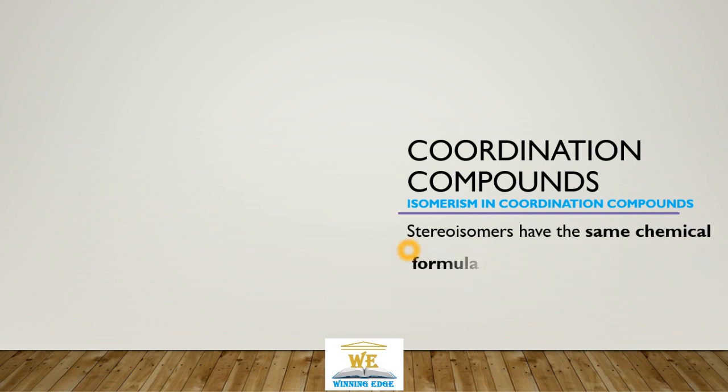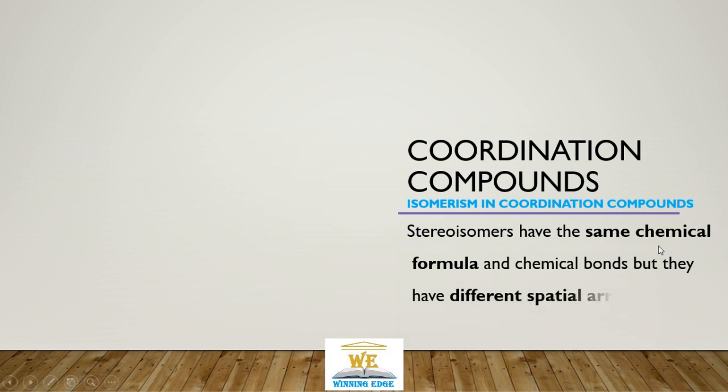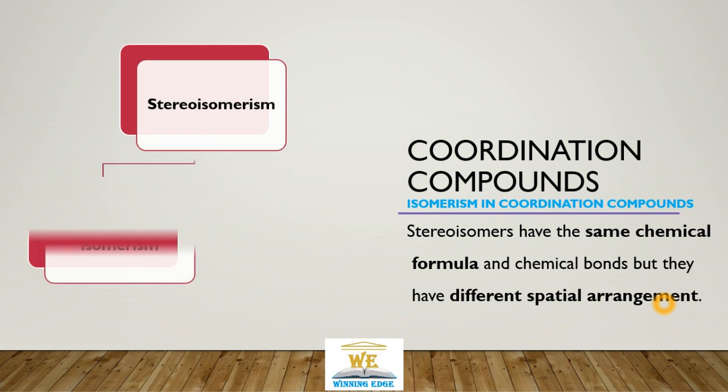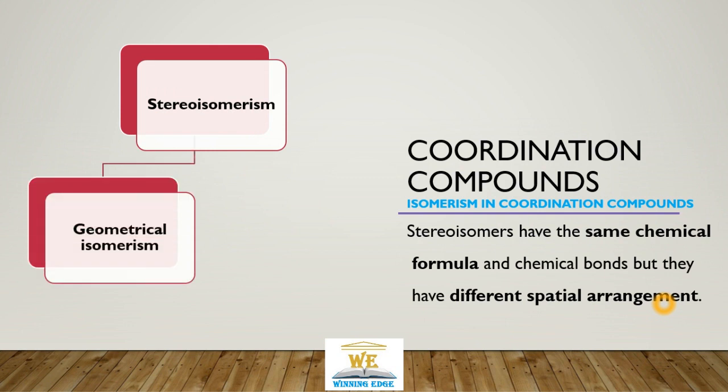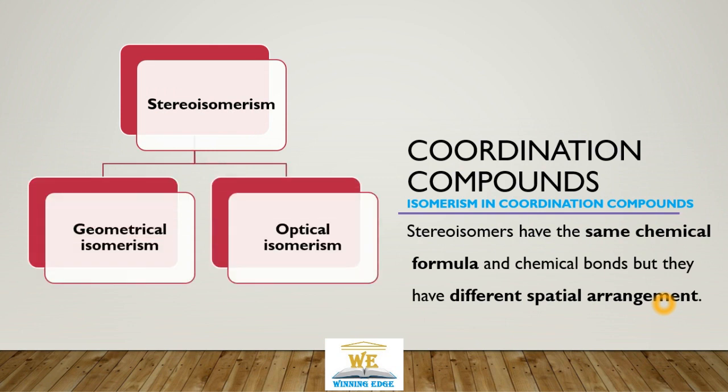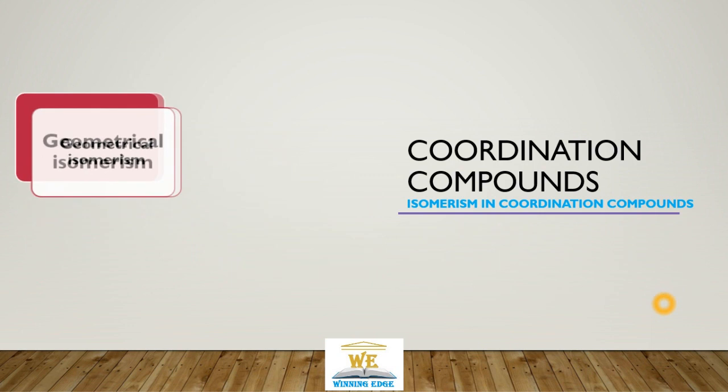Now, stereoisomerism. Stereoisomers have the same chemical formula and chemical bonds, but they have different spatial arrangements. Their examples are geometrical isomerism and optical isomerism. These are the 2 classifications of stereoisomerism.